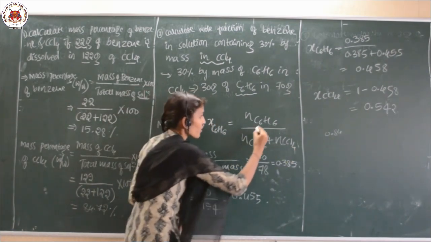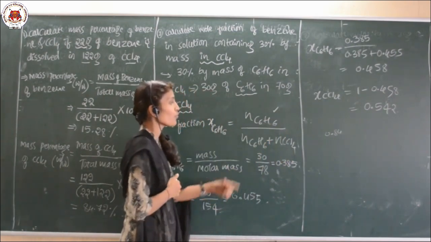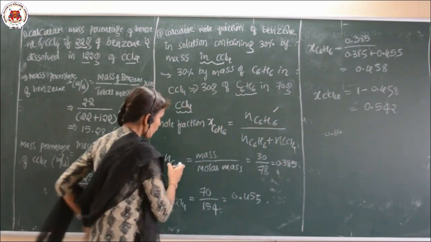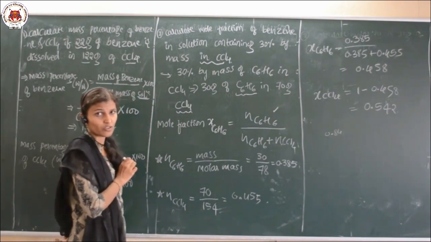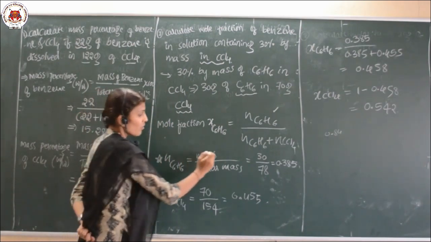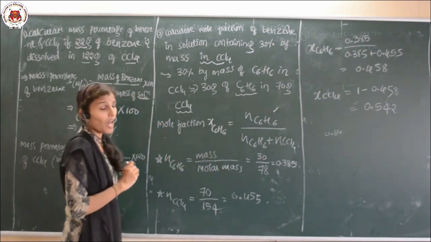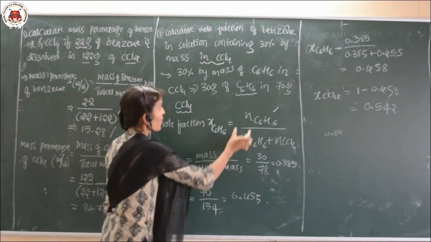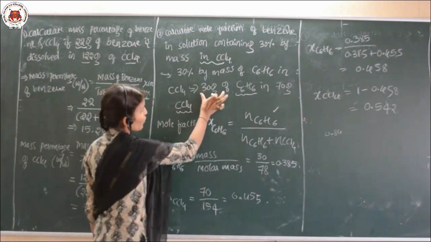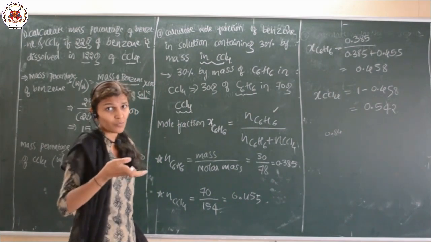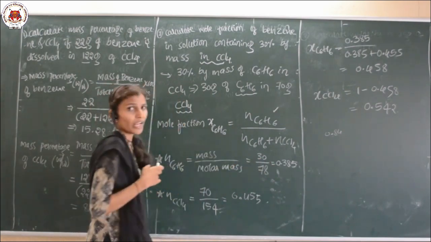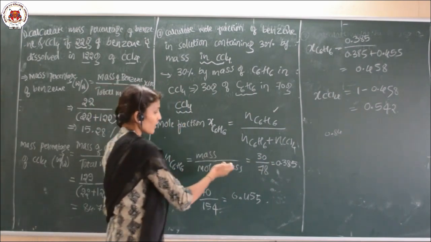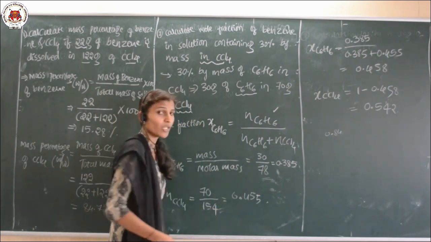So first I need to calculate the number of moles of the benzene. As you know the formula, the number of moles of the benzene is equal to mass divided by molar mass. Mass is, as we said, 30 gram of the benzene. If we calculate the molar mass of the benzene, that will be 78.